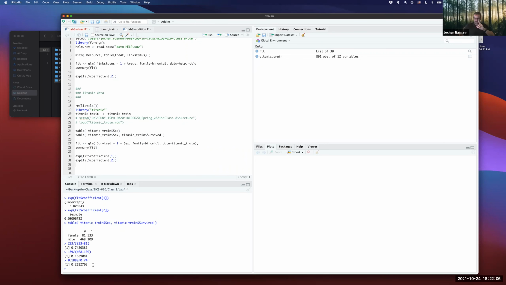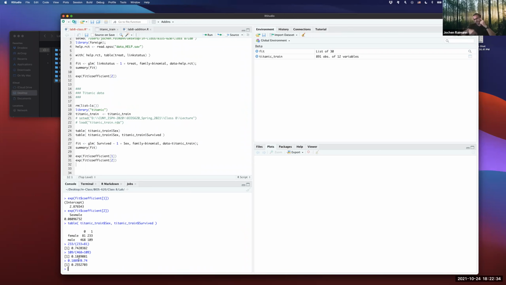That renders a survival risk ratio of 0.25 for males, meaning they were more likely to die and less likely to survive. It was 0.2, and so they had a fourth of the chance to survive as compared to women.